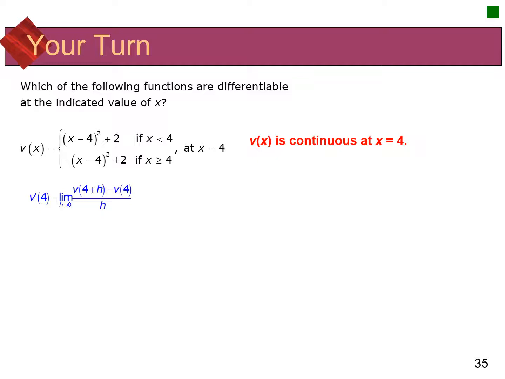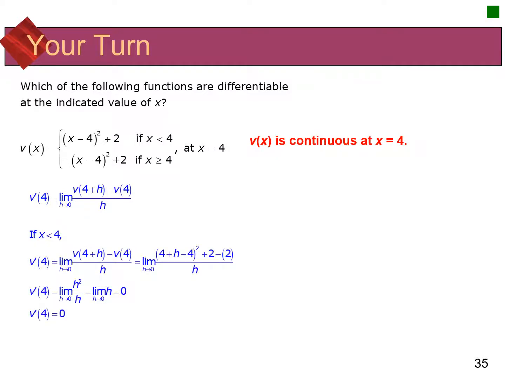So I'm going to use the case that x is less than 4, which means that the derivative is going to be defined as the limit as h goes to 0 of (4 plus h minus 4) quantity squared plus 2 minus 2. And that gives me that v prime of 4 is going to be equal to 0.